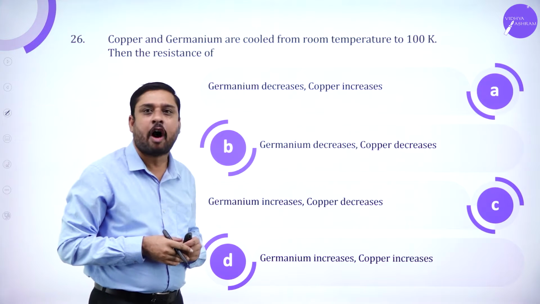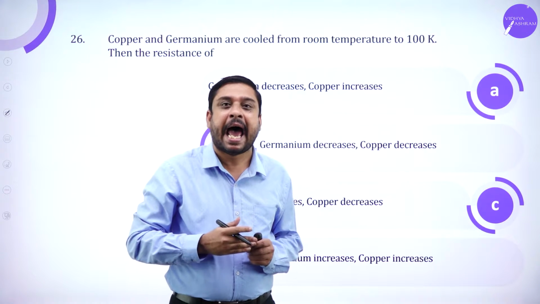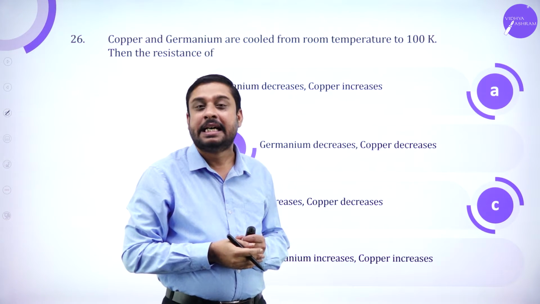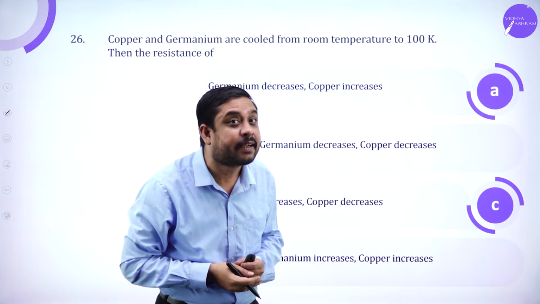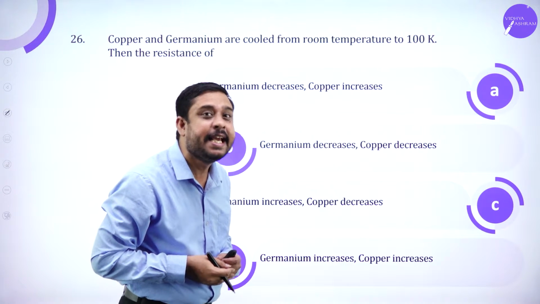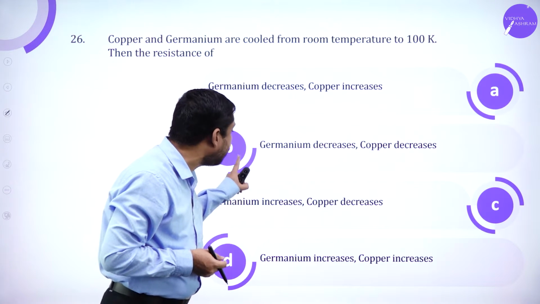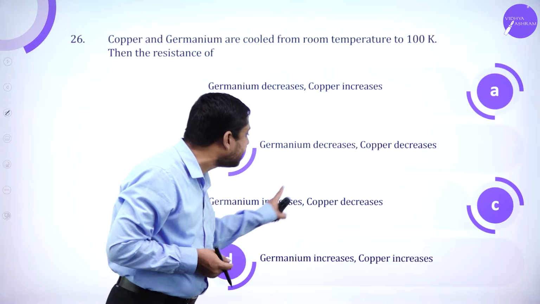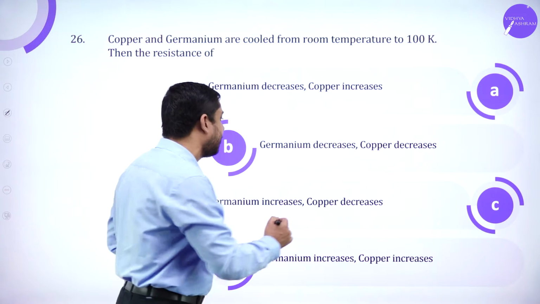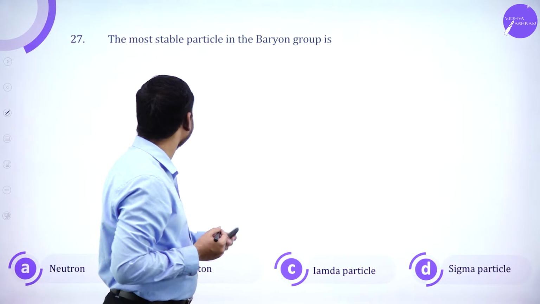Then the resistance on cooling, as temperature decreases, resistance of a conductor decreases, semiconductor increases. Germanium is a semiconductor, its resistance increases. Copper is a conductor, its resistance decreases. So C is the correct option.